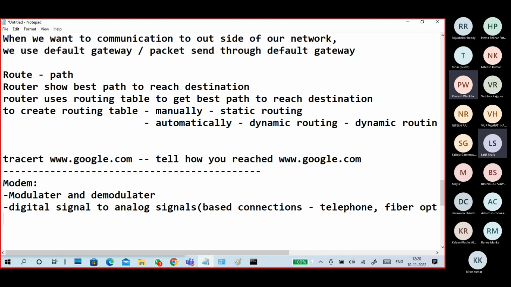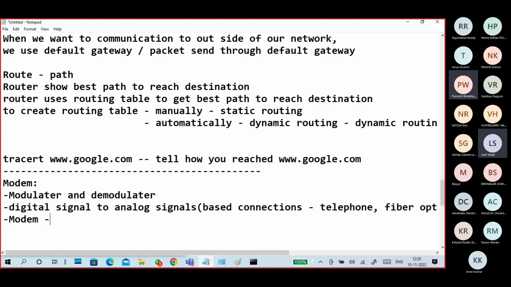Either it is a telephone cable we are using, or fiber optical cables. Main resource is fiber optical cable connections. Nowadays we have routers, we don't have modems.